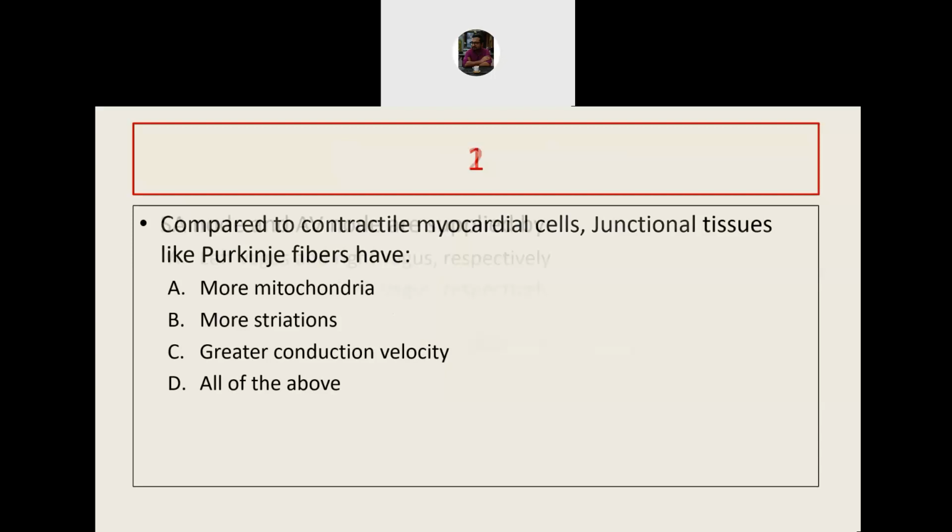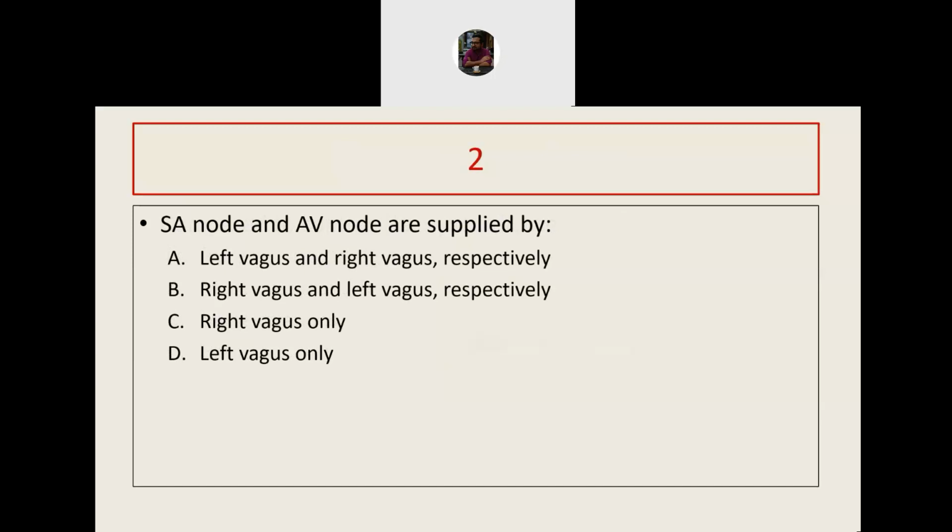Second question. SA node and AV node are supplied by... Very good. The answer is B, right vagus and left vagus respectively. Third question.